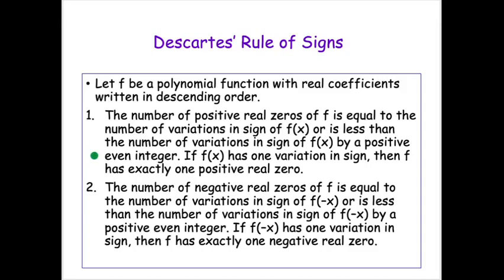If f of x has one variation of sign, then f has exactly one positive real zero. The number of negative real zeros of f is equal to the number of variations in sign of f of negative x, or is less than that by a positive even integer. If f of negative x has one variation in sign, then f has exactly one negative real zero.